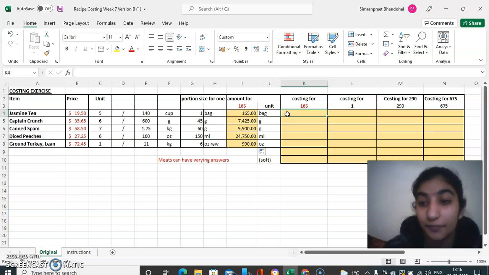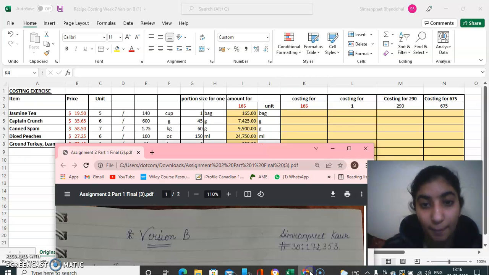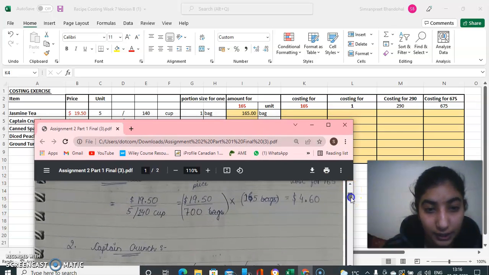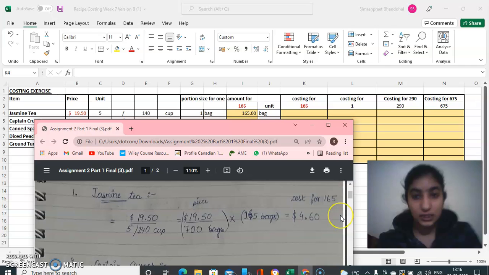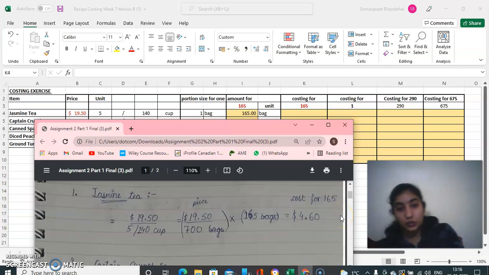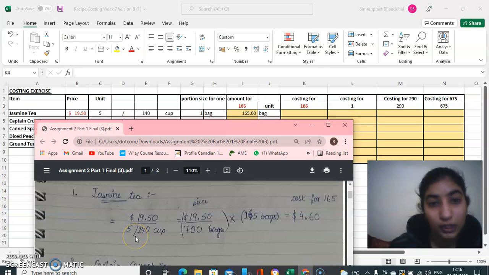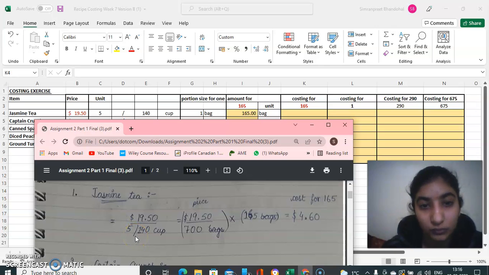After that, we want to do it for costing for 165. To do so, we need to first find the handwritten calculations, and that's here. So for the cost for 165, we need to do price per unit divided by the total number of servings we have, that is, we will multiply the unit by what each unit contains.